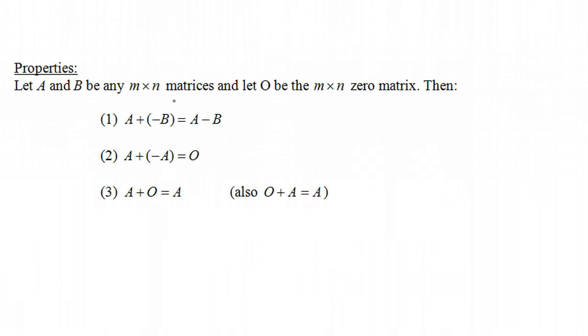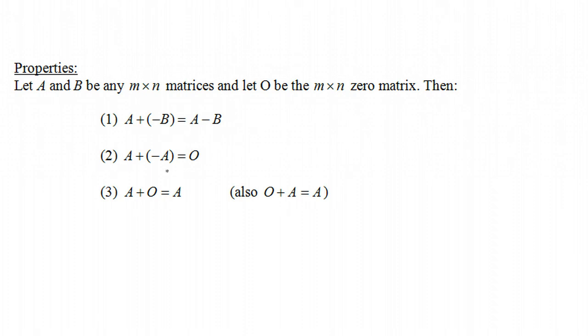Let's look at some properties of zero matrices and negative matrices. So let's suppose A and B are any m by n matrices, and let O be the m by n zero matrix. Then A plus -B, it turns out that's the same thing as A minus B. A plus the matrix -B is the same as A minus B. And A plus -A is the zero matrix.